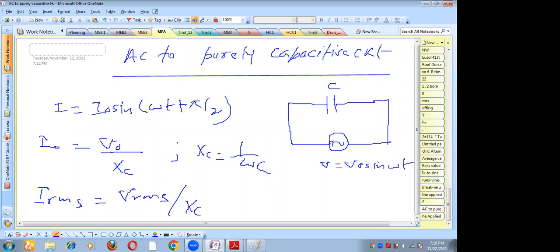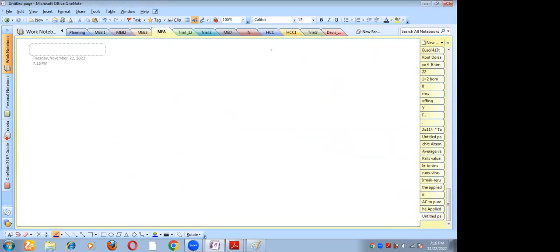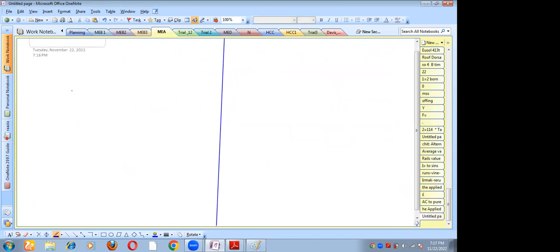Similarly, we may have an LR circuit and an RC circuit. In that case also, you can have an RC circuit and you can have an LR circuit. In an RC circuit, you have a resistor and a capacitor.